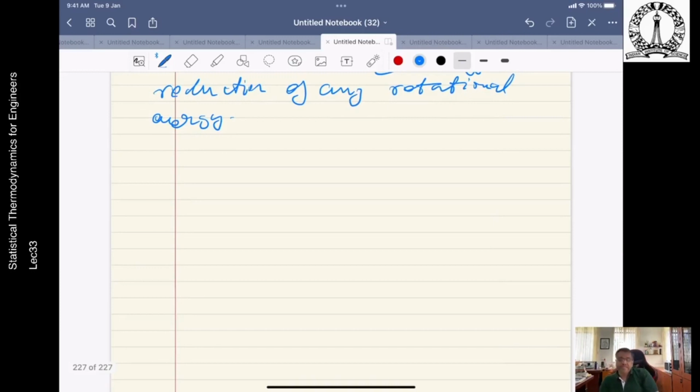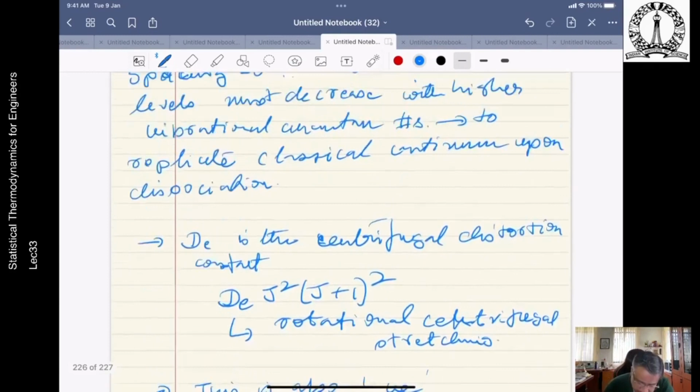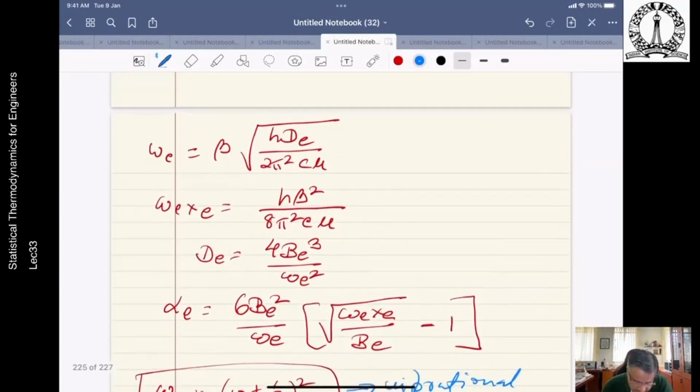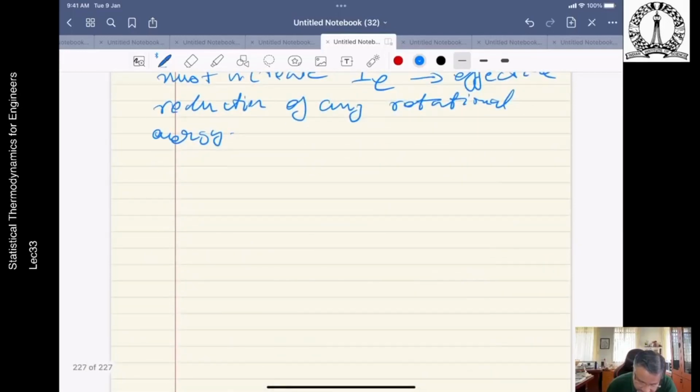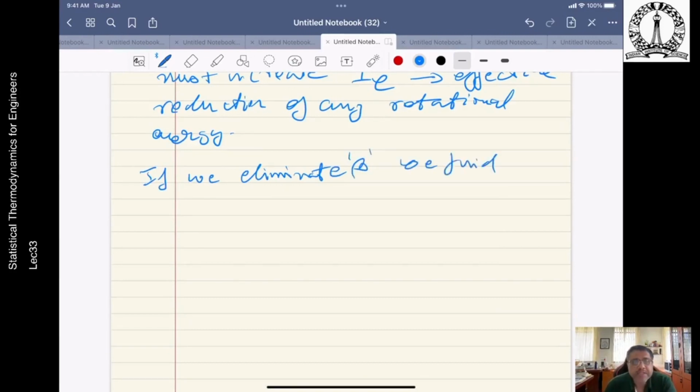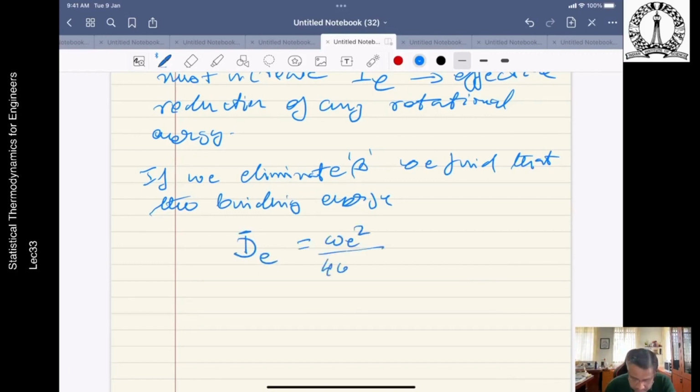So dE is not the same as the binding energy. If we eliminate beta from these equations, where here you have a beta and here you have a beta, we find that the binding energy is given as omega e squared over omega e xe.